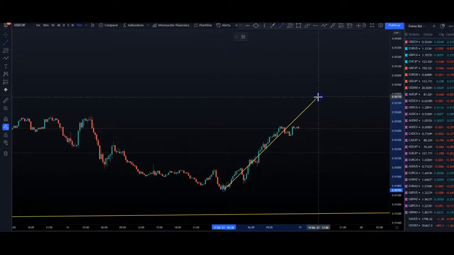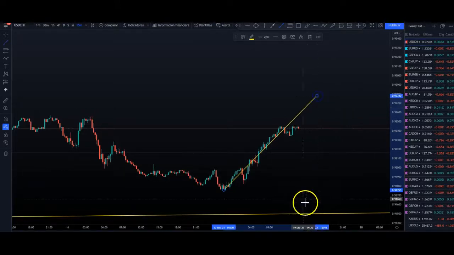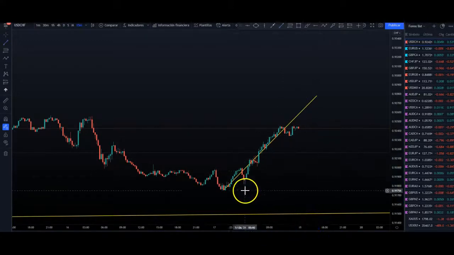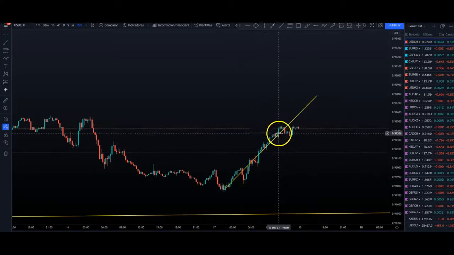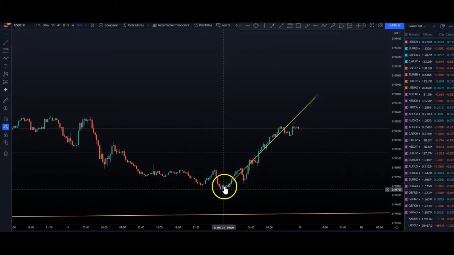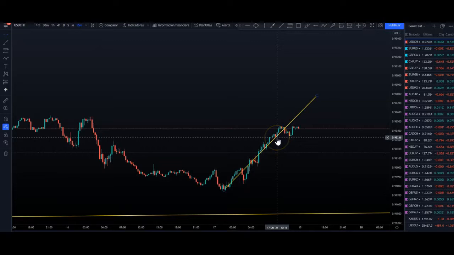Right now, the way I trade, this is my trend line, because I normally go to the highest point of that moment, and then I go back to the previous low. That's where I connect from the origin of the movement to that previous low, and that's my trend.